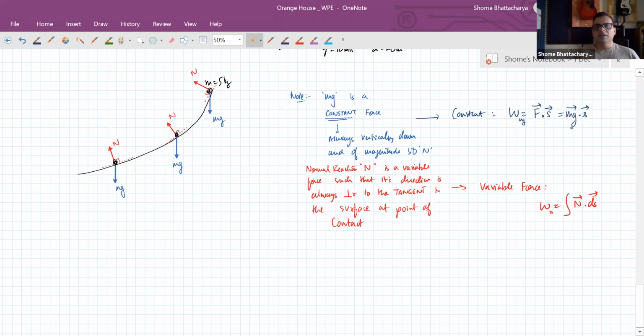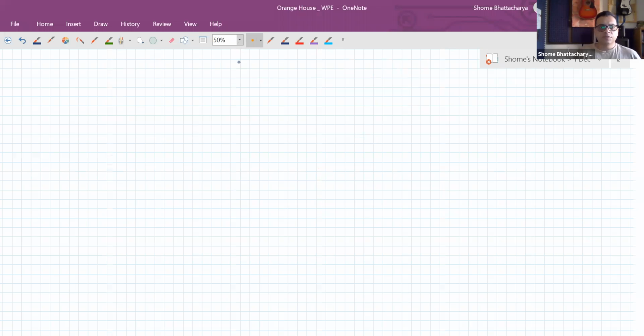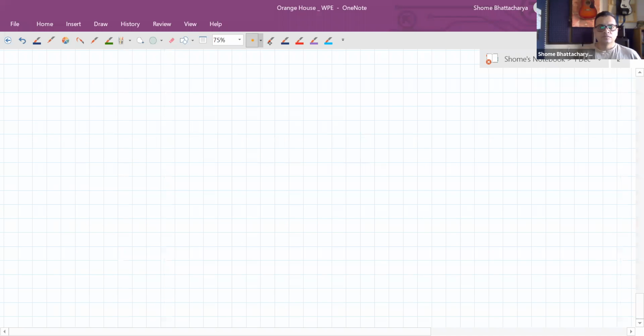So this is going to be mg's dot product with displacement. Okay, so let's come to the calculation of the first part now. So for work done by the weight, we are going to use the dot product method.